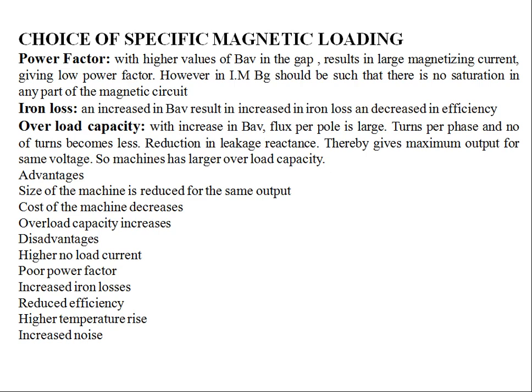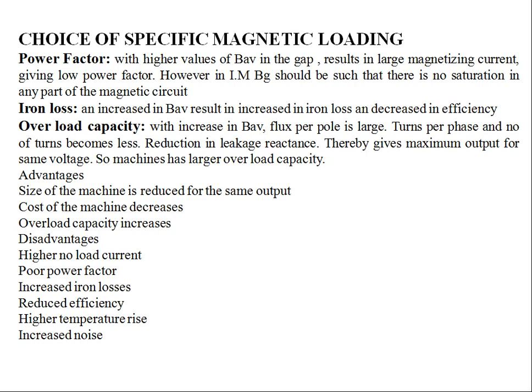And because of this, the leakage reactance becomes less, thereby giving maximum output for the same voltage. Therefore, with the high specific magnetic loading, we can have machines work at overload capacity. That is, the overload capacity will be more when they have high specific magnetic loading.